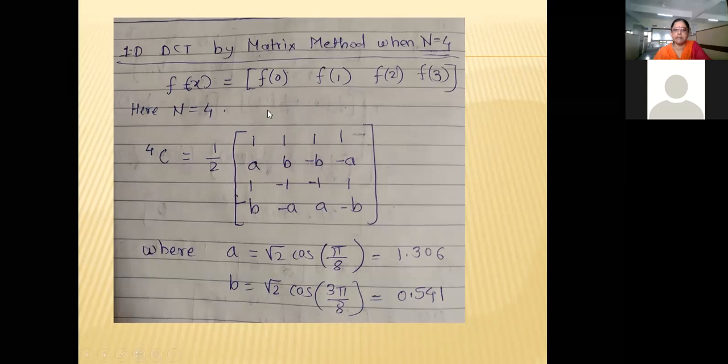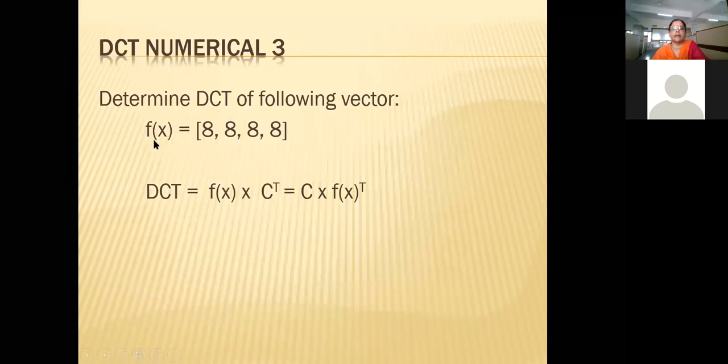So use this particular matrix, 1/2 multiplied by the 4 by 4 DCT matrix, and use it for the matrix multiplication method in order to determine the DCT of f(x) = 8, 8, 8, 8. So after typing your attendance, now type answers to this question. Type the DCT of this particular sequence 8, 8, 8, 8.